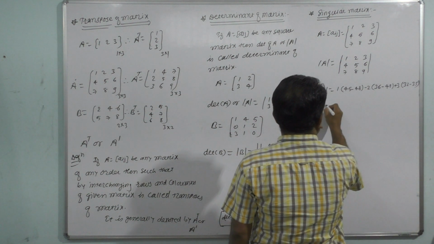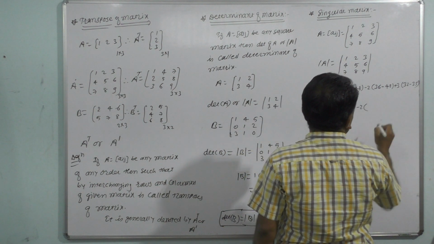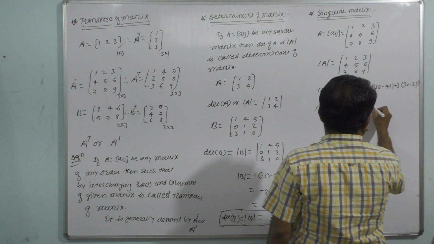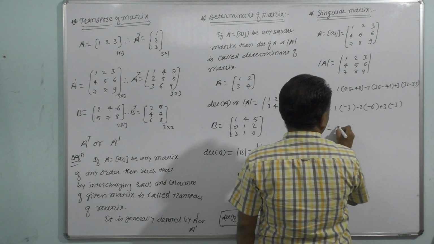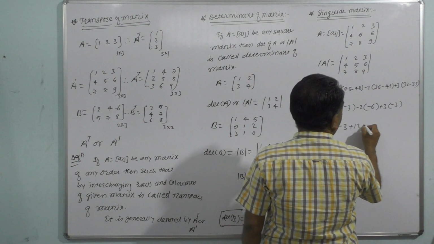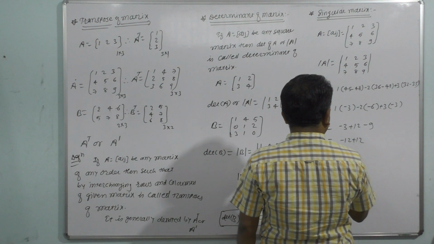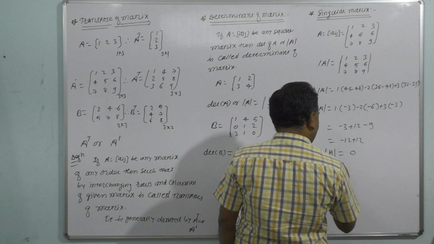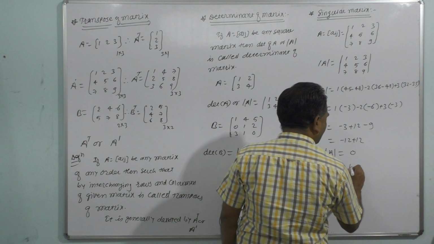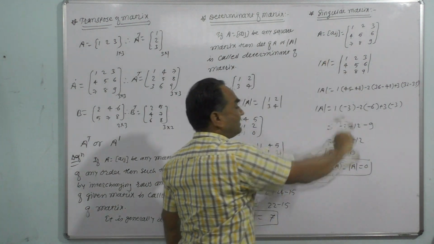That is 1 multiplied by minus 3, minus 2 multiplied by minus 6, plus 3 multiplied by minus 3, which is minus 3 plus 12 minus 9, which is minus 12 plus 12. So determinant of A is equal to 0. Then matrix A is called a singular matrix.